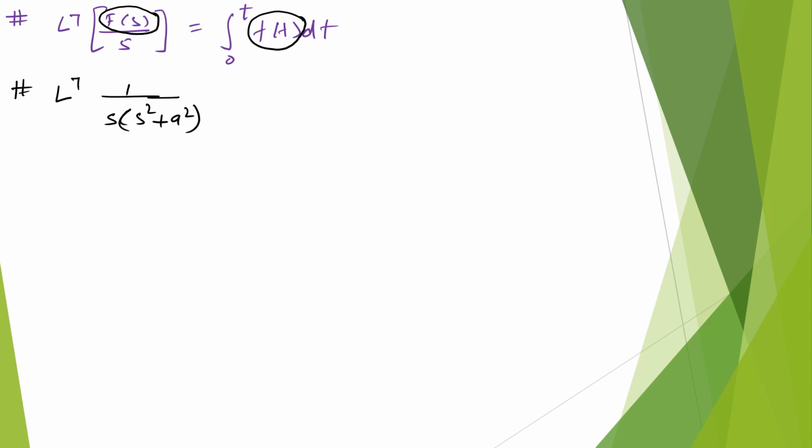So it is clear this portion is easily converted into sine, and 1 by s is remaining. So Laplace inverse of 1 over s is separate, and s square plus a square is required, so we multiply by a and divide by a.